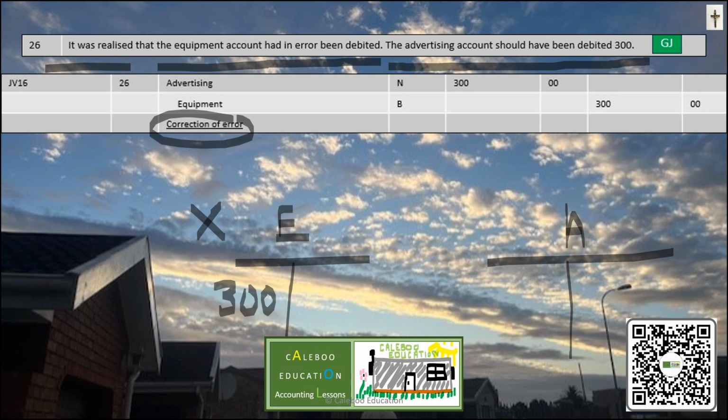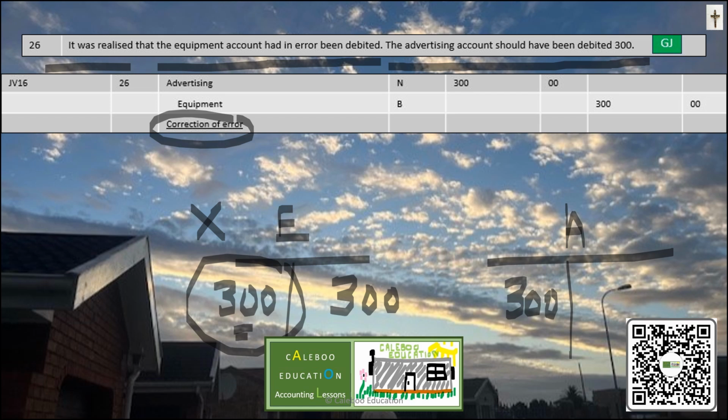Now, in order to correct this, advertising needs to be debited with 300 and equipment needs to be credited with 300 in order to correct this error. So when you do a correction of error, they are going to test your understanding of accounting. That's why along the way, every section you need to master, especially when there's a mistake and you need to correct the error. So what I established here was what happened in the first place.